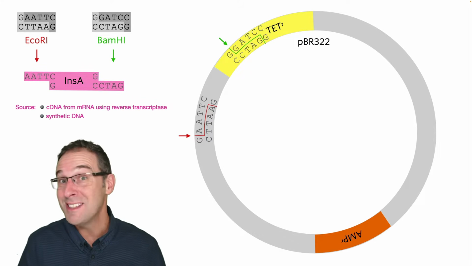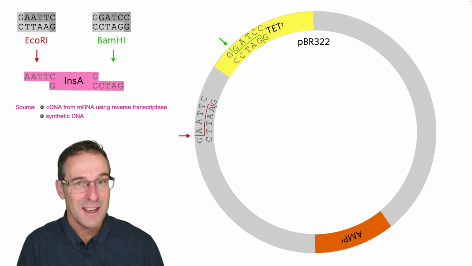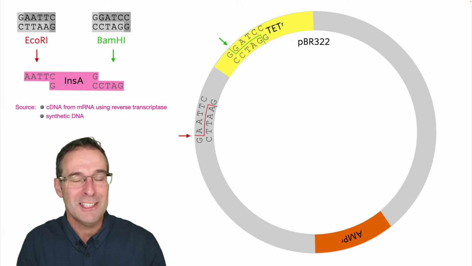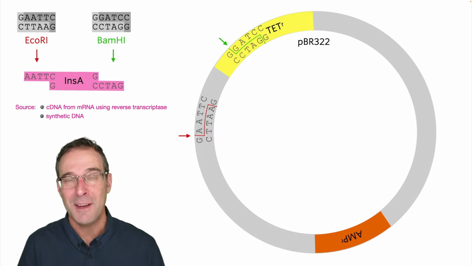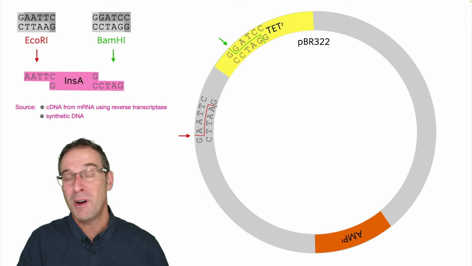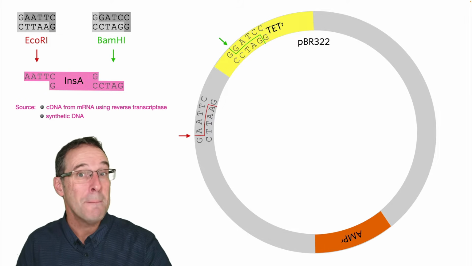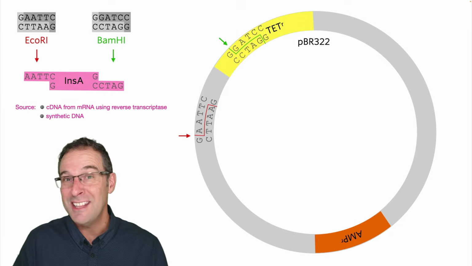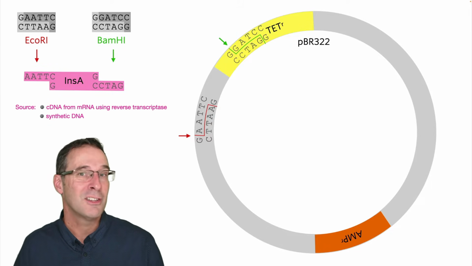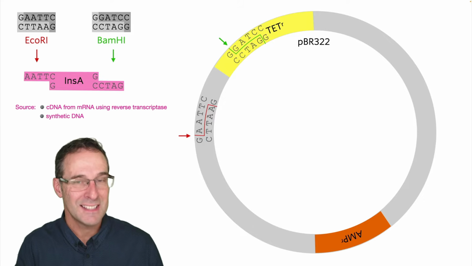And there are two ways that we can do that. The first way, which is the way that people would typically do it today, is to use what's called cDNA or copy DNA. And the way you get that is by, first of all, isolating the messenger RNA molecule that encodes insulin A, and then using an enzyme called reverse transcriptase to transcribe it backwards into DNA.